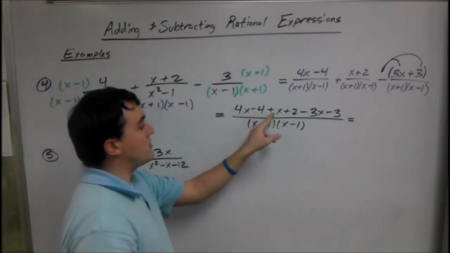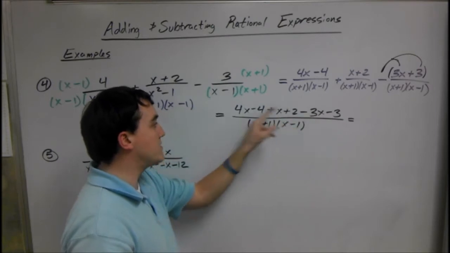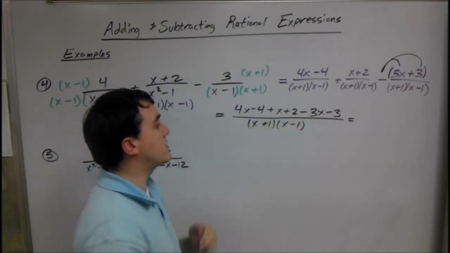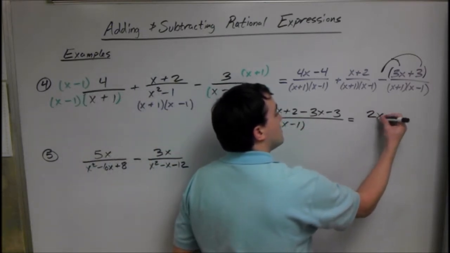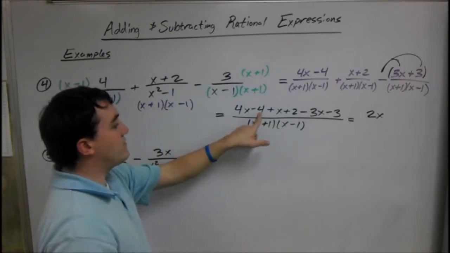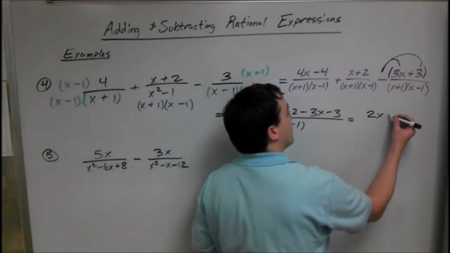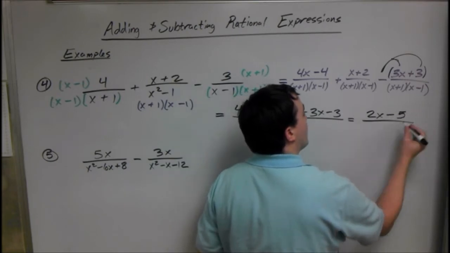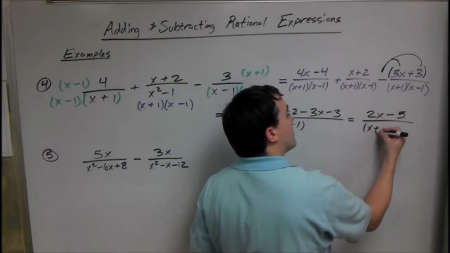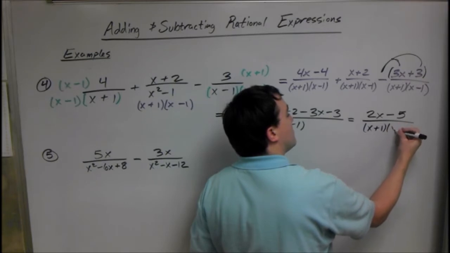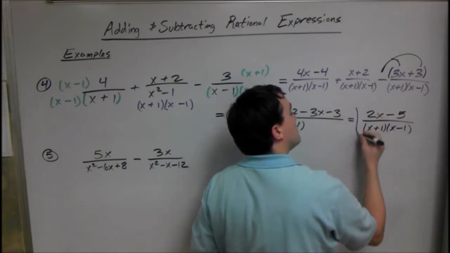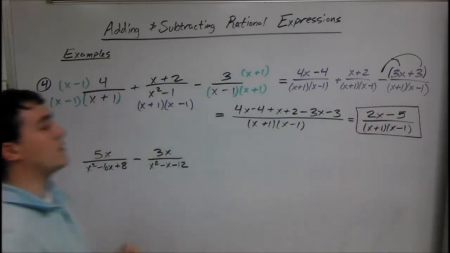We have 4x plus x plus minus 3x. That's 5x minus 3x is 2x. And then we have negative 4 plus 2 is negative 2 minus 3. Negative 2 minus 3 is negative 5. 2x minus 5 over our common denominator does not change. X plus 1, x minus 1. So that'll be that one.